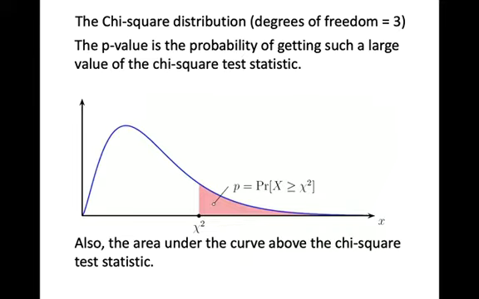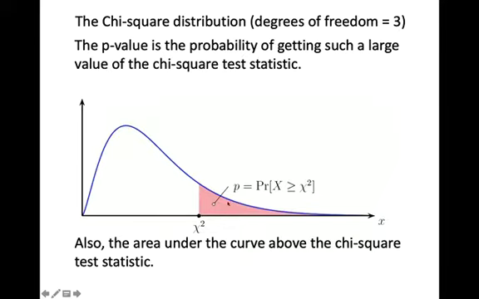Okay, now, for a chi-square distribution, in this particular case where degrees of freedom is equal to 3, what is the p-value? The p-value is the probability on the chi-square distribution of getting such a large value of the chi-square test statistic. So the chi-square test statistic can go from 0 down here to very, very large up here, right? And the p-value is determined by where that chi-square test statistic sits. It's actually the area under the curve above this.